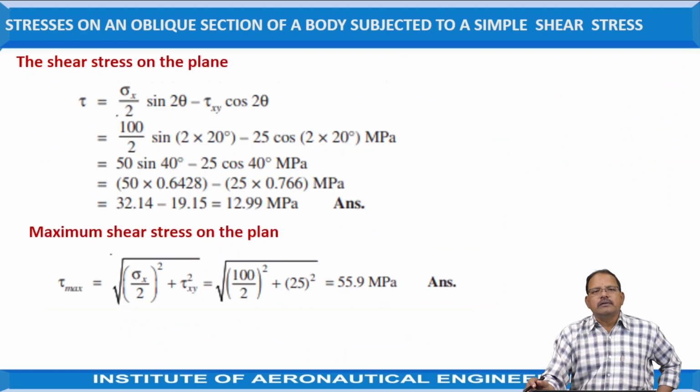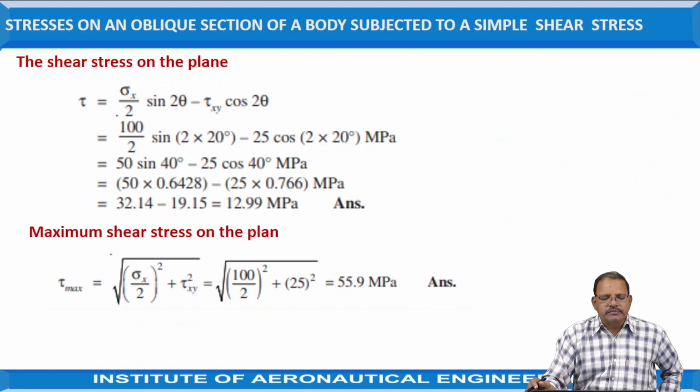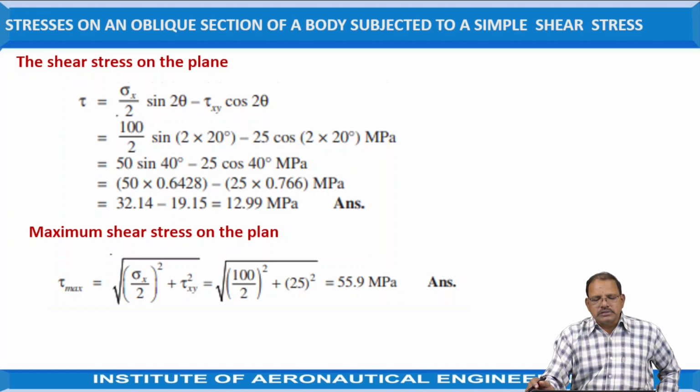the shear stress on the plane is equal to sigma x by 2 sin 2 theta minus tau xy cos 2 theta. Here sigma x by 2 is 100 by 2, sin 2 theta is sin 2 into 20 degrees, minus 25 into cos 2 theta, where 2 theta is 2 into 20 degrees.